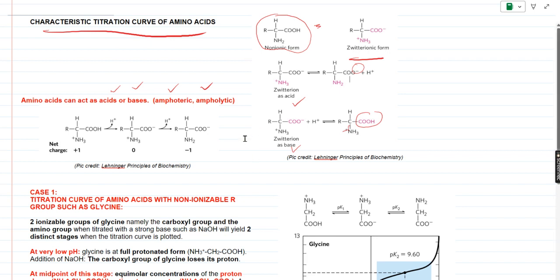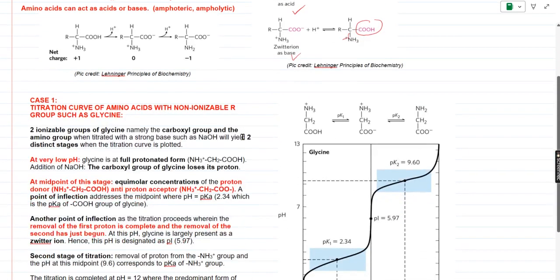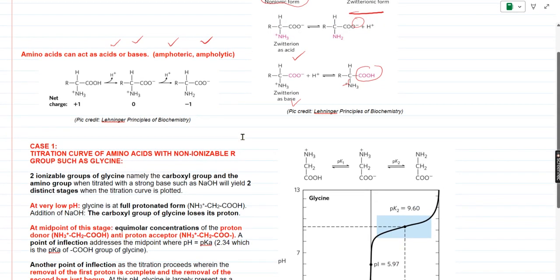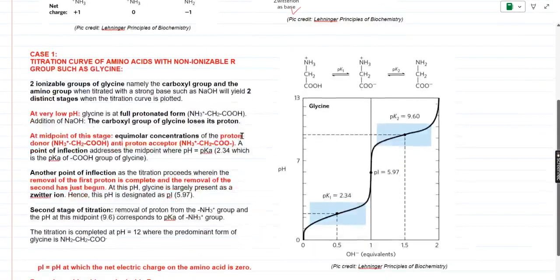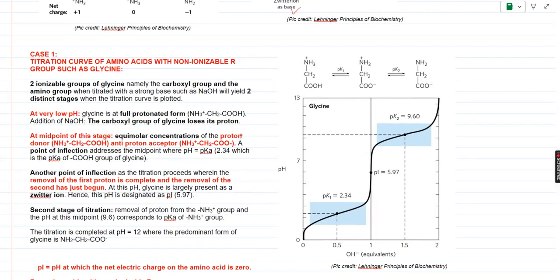With this particular concept in mind, I can talk about certain very important concepts pertaining to the titration curve of amino acids. There are three important cases that you have to know. I'm going to talk about the first basic case: the titration curve of amino acids which have a non-ionizable R group, or in other words non-polar R groups, such as glycine.